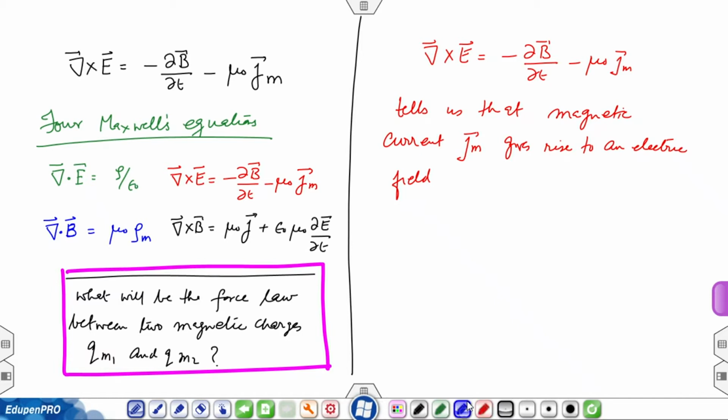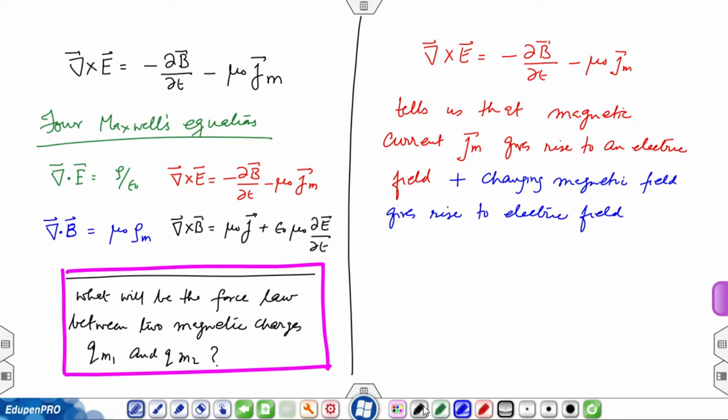And this is also in addition plus changing magnetic field or change in flux gives rise to electric field. So, that is dB dt is like the displacement current for E, displacement current of magnetic field, and J m is the magnetic current, magnetic charges are flowing.